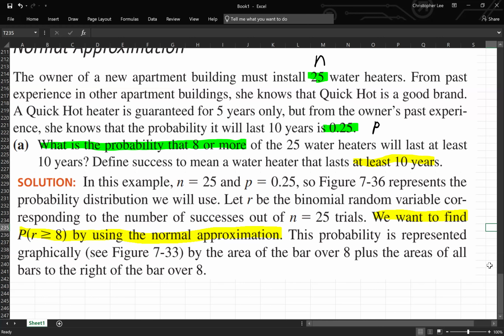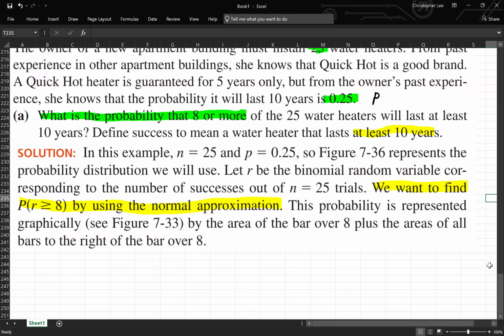So we want to find the probability of R greater than or equal to 8 by using the normal approximation, because we don't want to do all that work. This probability is represented graphically by the area of the bars over the 8 plus the area of all the bars to the right of the bars over 8.